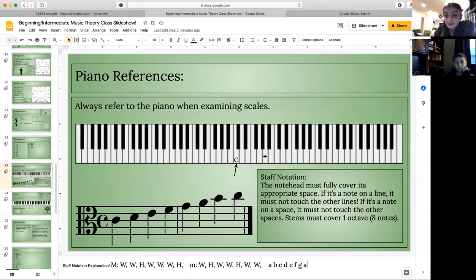So understand, if it's just one thing today, please understand that whenever you use your piano, you're descending 3 half steps in order to find the relative minor key. You're ascending 3 half steps in order to find the relative major key.